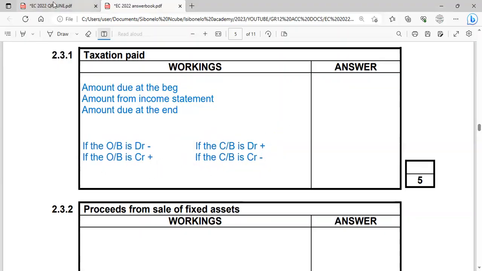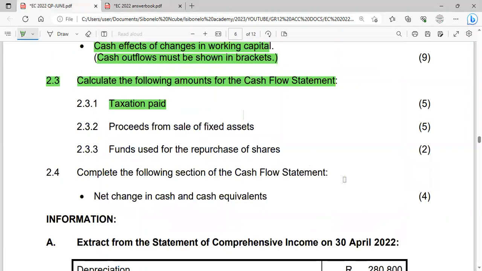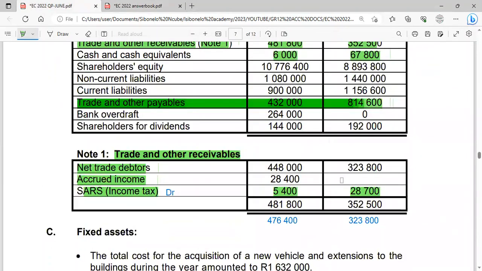So now let us check here the SARS income tax opening balance. So guys, we have SARS income tax opening and closing balance. So both balances are on the debit side. Why? Because these balances are disclosed under trade receivables notes.